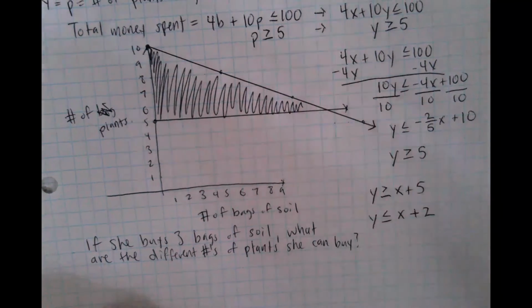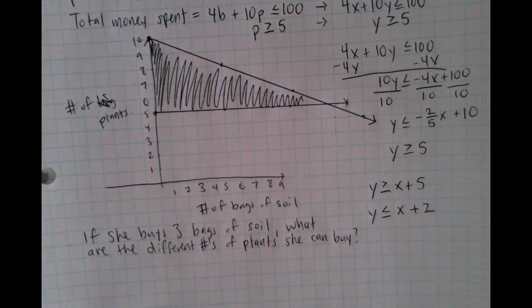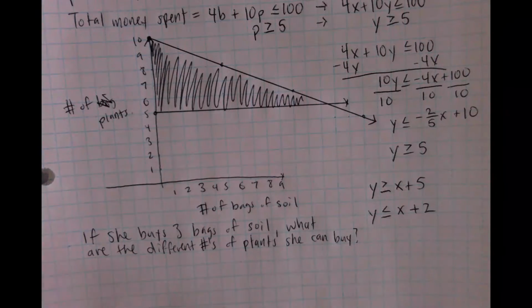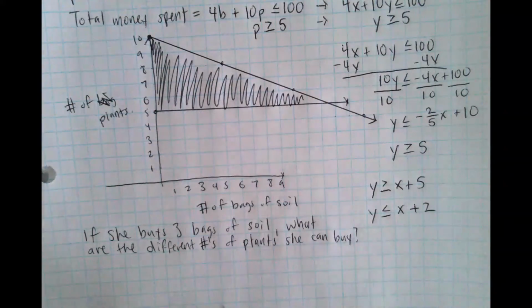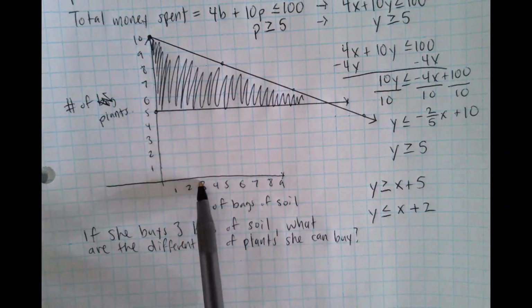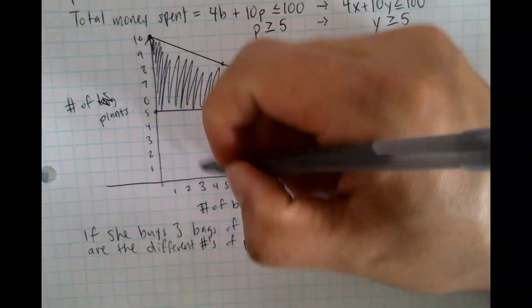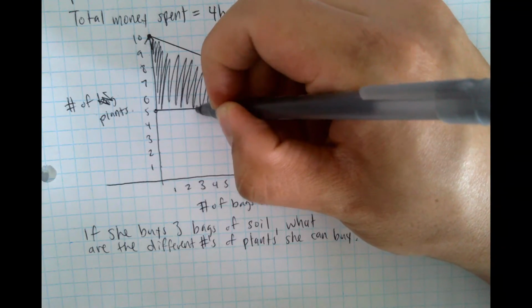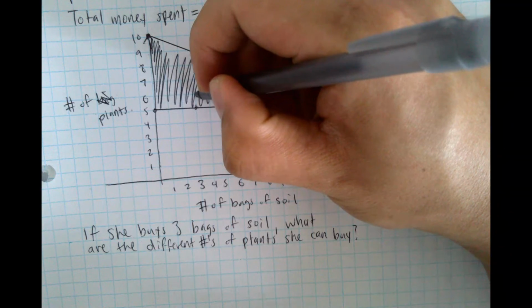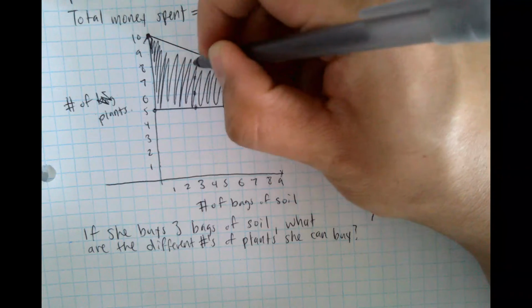So one of the questions might be, if she buys 3 bags of soil, what are the different number of plants she could buy? We want to find 3 on the number of bags of soil. We can see that 3 would be right here. We go up and see she could buy 5 plants, 6 plants, 7 plants, 8 plants.